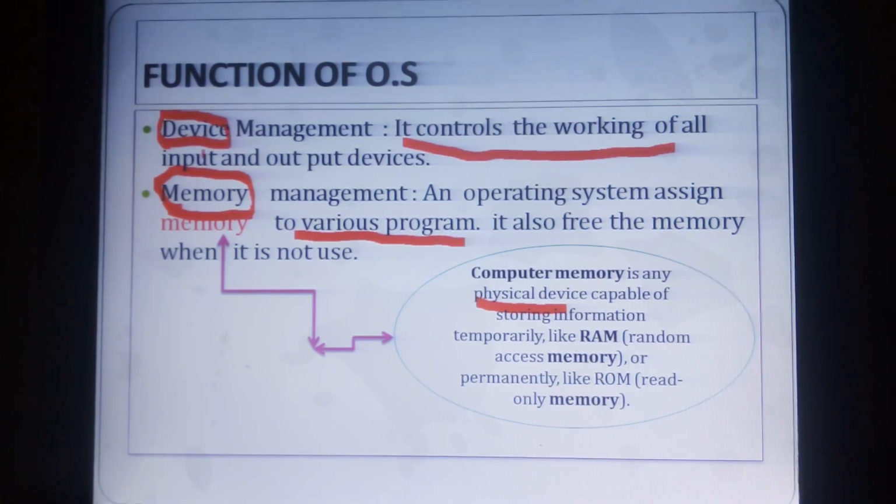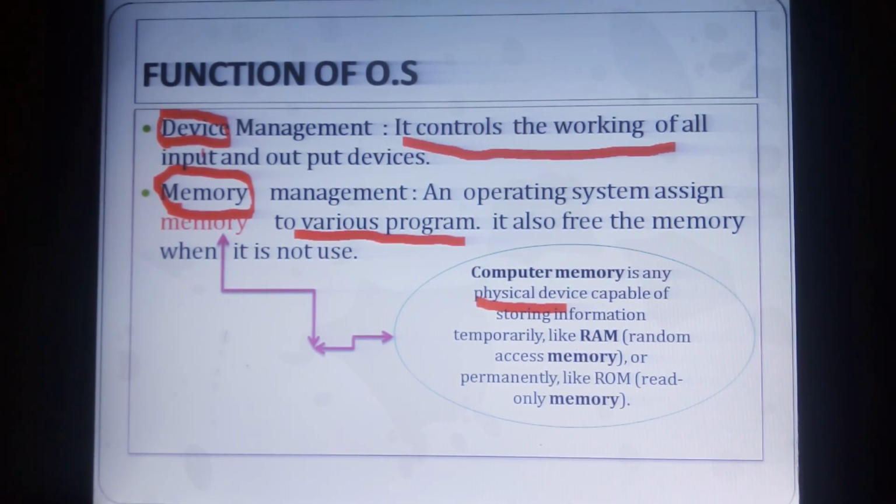This MS Word is known as one program. That program, whenever I open it, will be assigned in the memory. Understand? Memory management work: an operating system assigns the memory to the various programs.